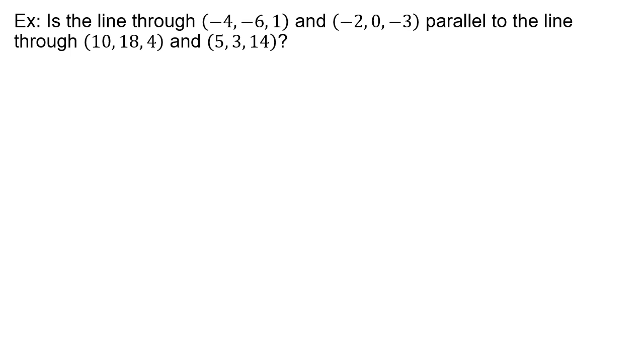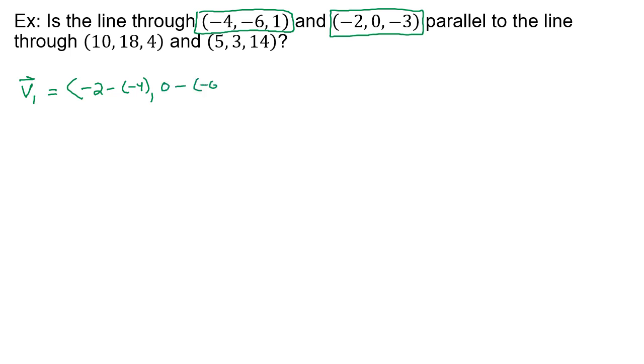So we need to find two vectors. I'm going to find one based on the first two points, this point and this point. I'll call that v1, and the other v2. So v1 is -2 minus -4, 0 minus 6, and 3 minus 1.